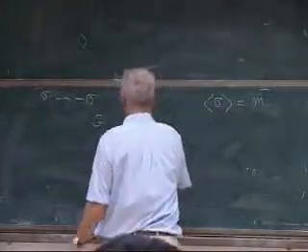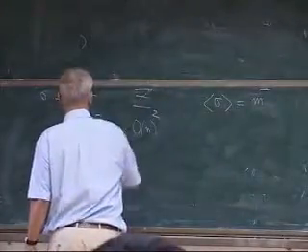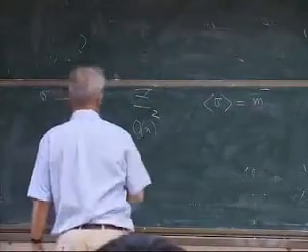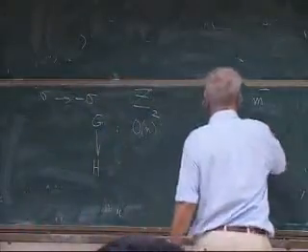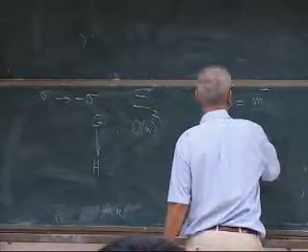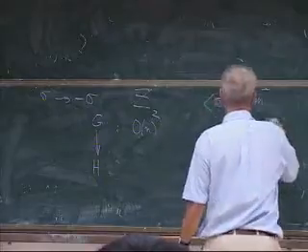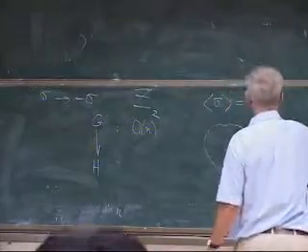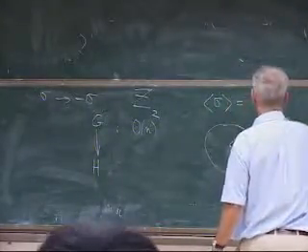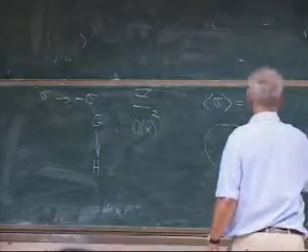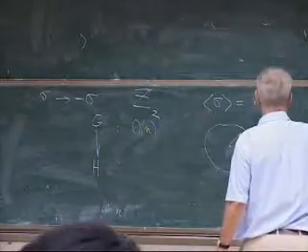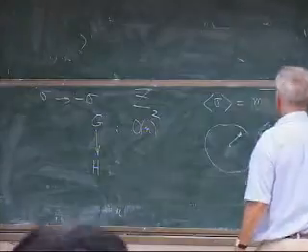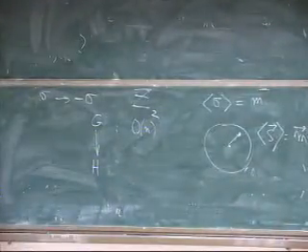So the group G would be broken to a subgroup H if my parameter varies on the sphere, a point on the sphere, the expectation value of some vector, which I will call S. So the order parameter would be a vector.